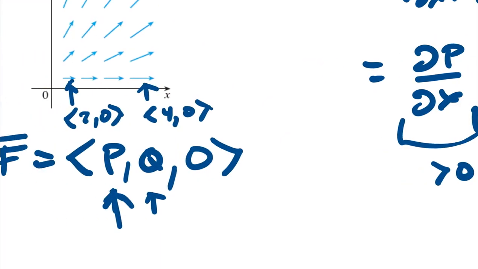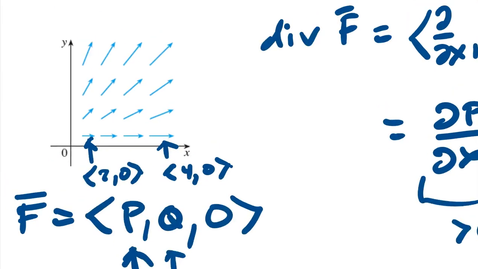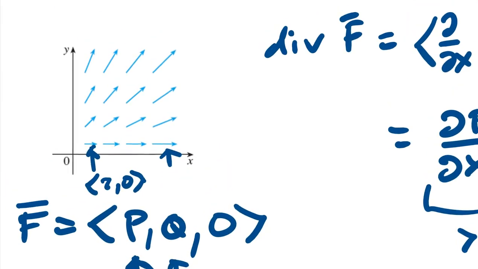Now let's look at the y values as we go in the y direction. Now the y values look like they're getting bigger as you go up. For example, the bottom one is (2, 0), and the top one, the x values aren't changing in the y direction, but the y values are.